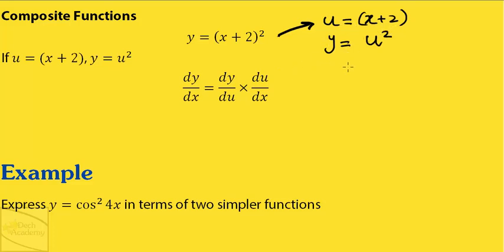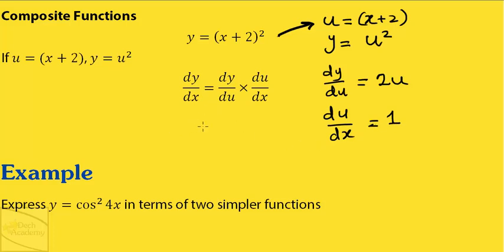It's a much simpler process, and I'll quickly do it for this example. We're looking for dy/dx. What is dy/du? Since y is u squared, dy/du is 2u. And because u is x + 2, du/dx is simply 1.